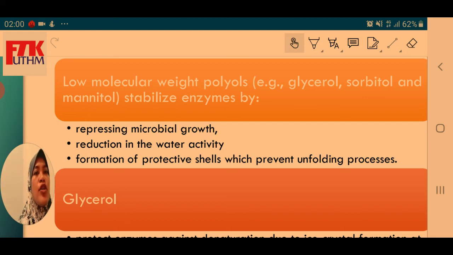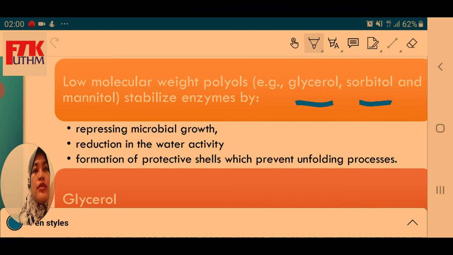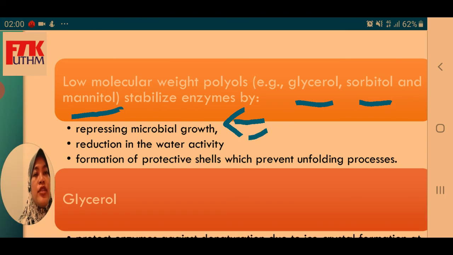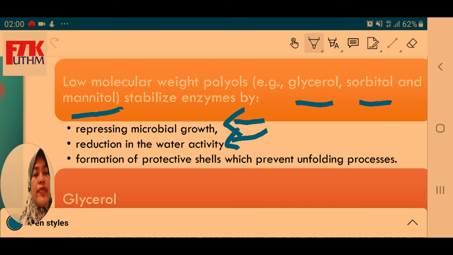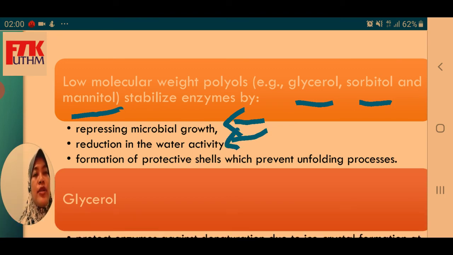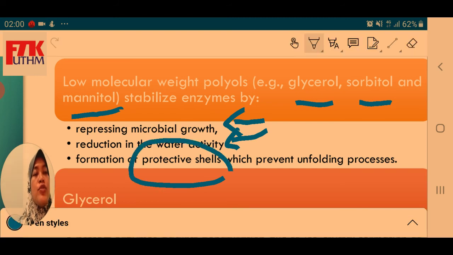Glycerol, sorbitol, and mannitol. They can be added to stabilize the enzyme. So how do they stabilize the enzyme? By repressing microbial growth, reducing water activity, as well as forming protective shells to prevent unfolding processes of the enzyme.